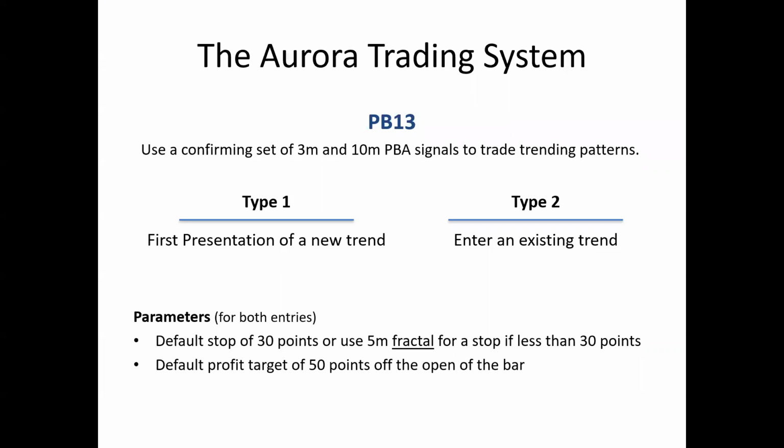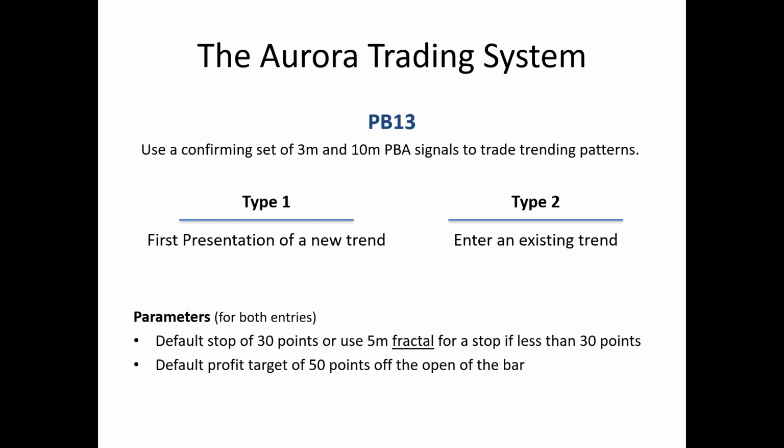But they have slightly different presentations, and so I'm going to discuss both of those. Both are using the PBA signal, which is that upper set of blue and red blocks on the chart.